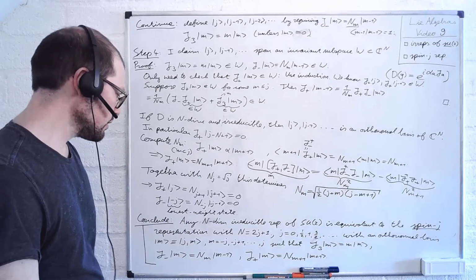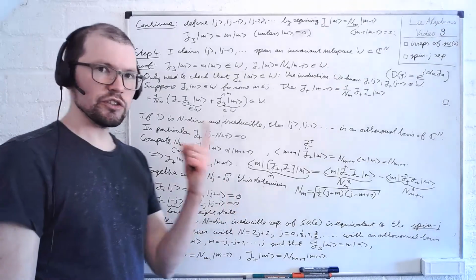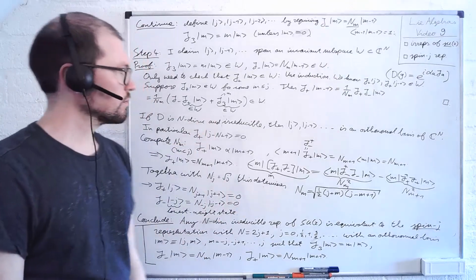So in particular, for any dimension, there is really just one irreducible representation.